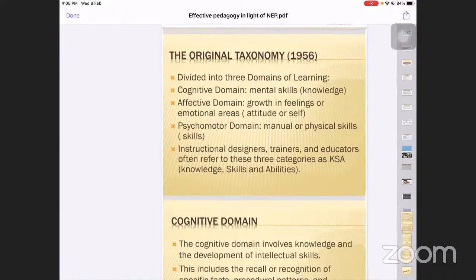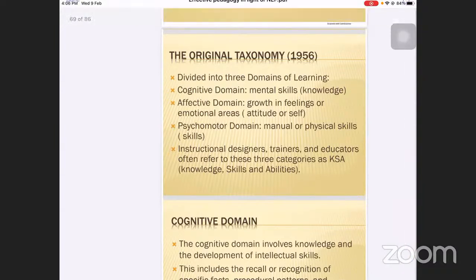The psychomotor domain is manual or physical skill, that is hand skills. Instructional designers, trainers, and educators often refer to these three categories as KSA: K means knowledge, S means skills, A means abilities.